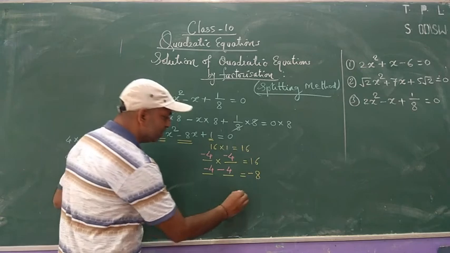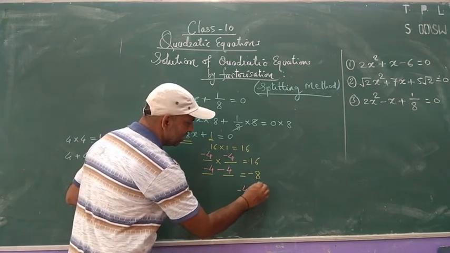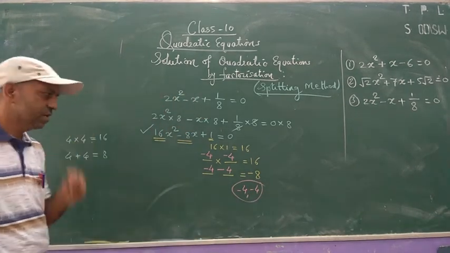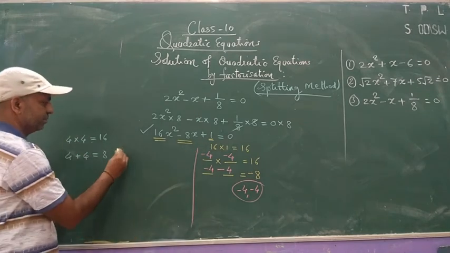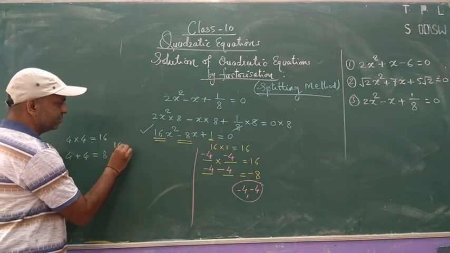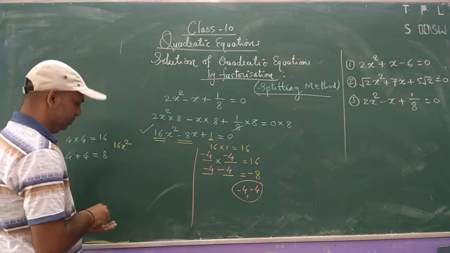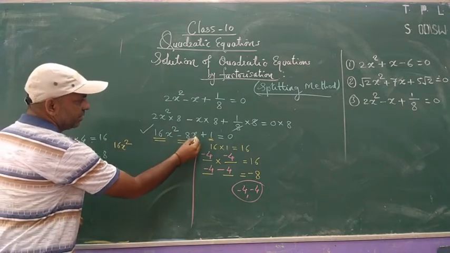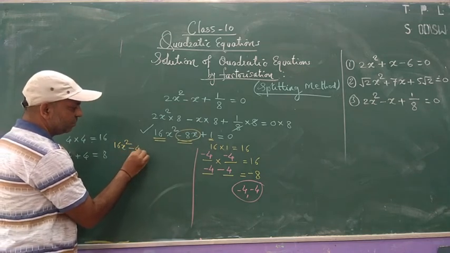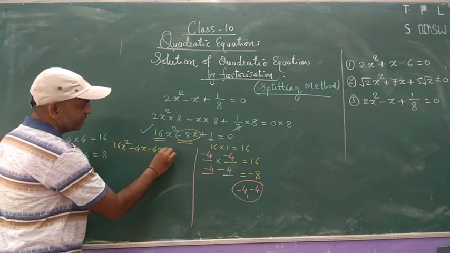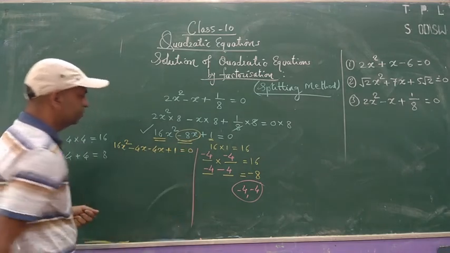So the numbers are minus 4 and minus 4. So just write this equation the same as 16x square, in place of minus 8, I am writing here minus 4x minus 4x plus 1 is equal to 0.